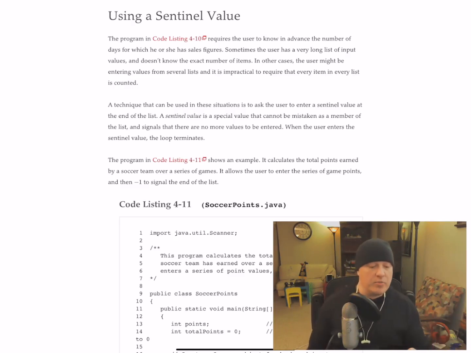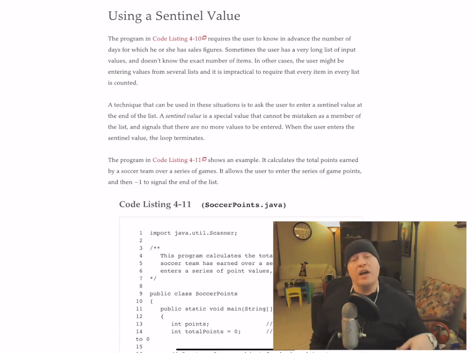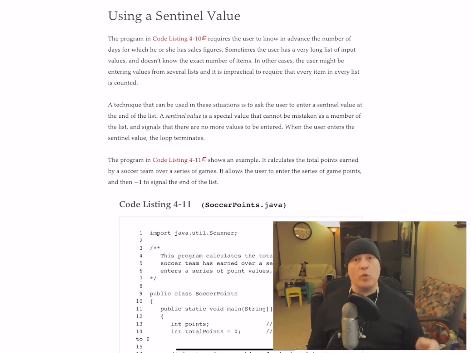If you look at your keyboard, -1 are on opposite sides of your number row. And if you look at a keyboard with a dedicated number pad, -1 are on opposite sides of your number pad as well. So -1 is not a good value for a grade point, right? Because you can get a 0.